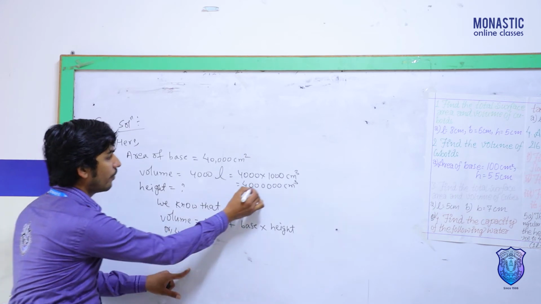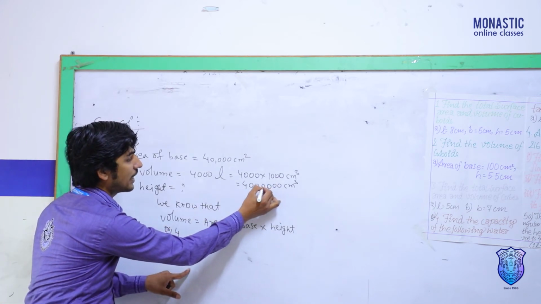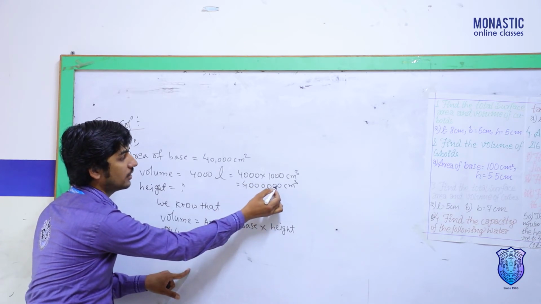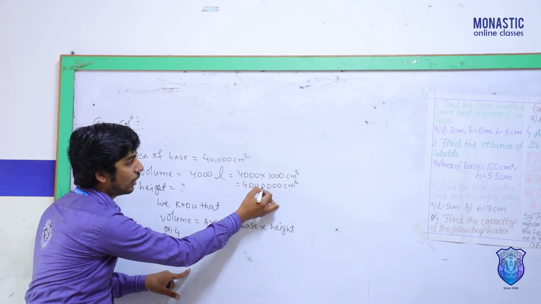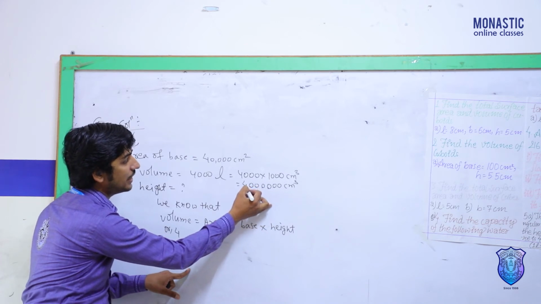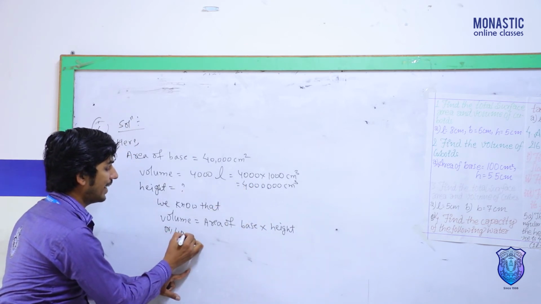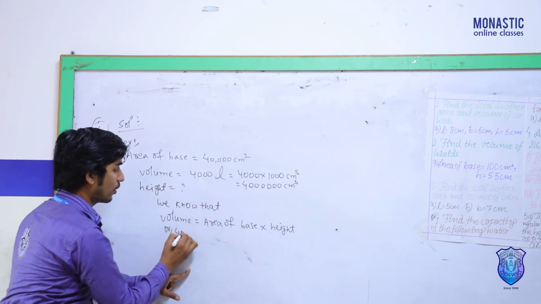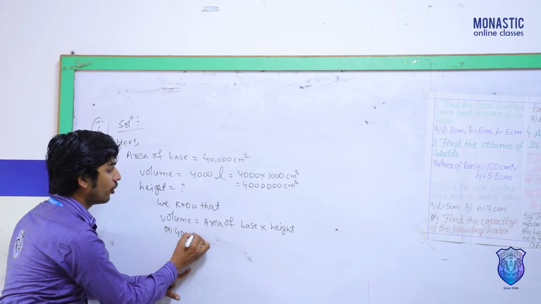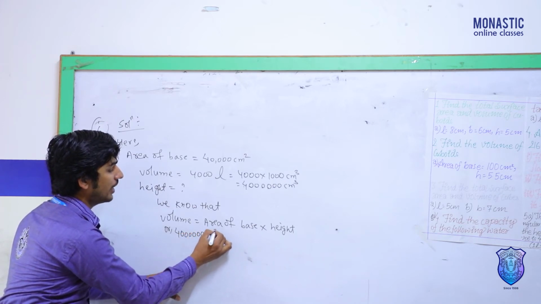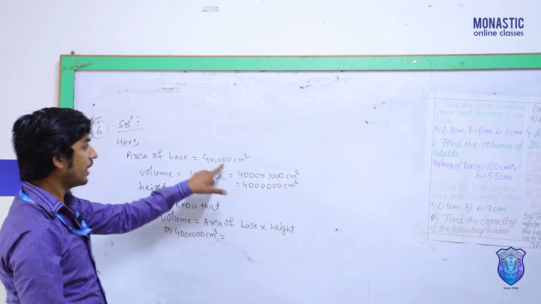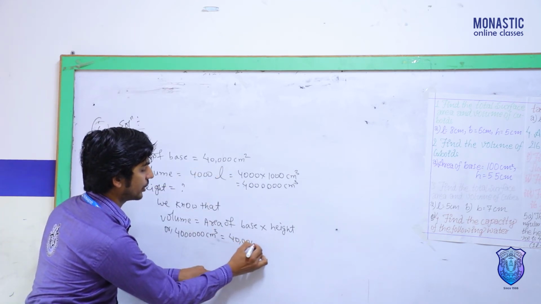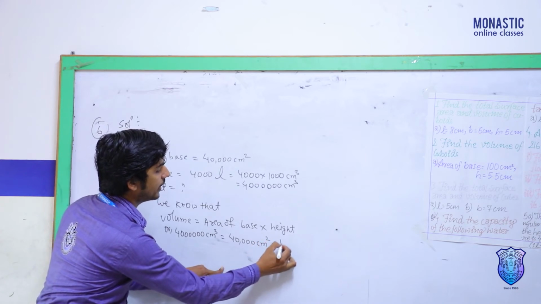The 4 means ones, tens, 100, 1,000, 10,000, lakh, 10 lakh. Means 40 lakh, 4,000,000 cubic centimeter is equal to area of base, 40,000 square centimeter into height.